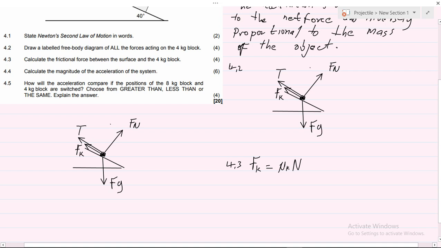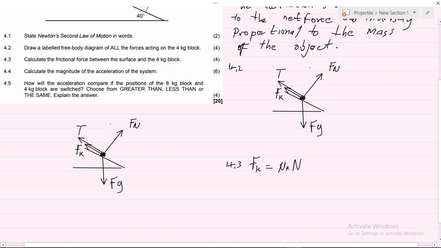Fg parallel is parallel to the surface the block rests on, the incline, so we must have a component of Fg parallel to the surface the object is on.